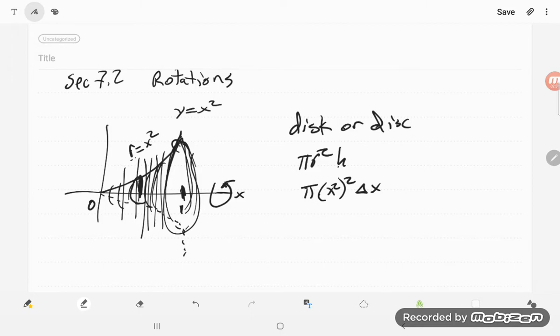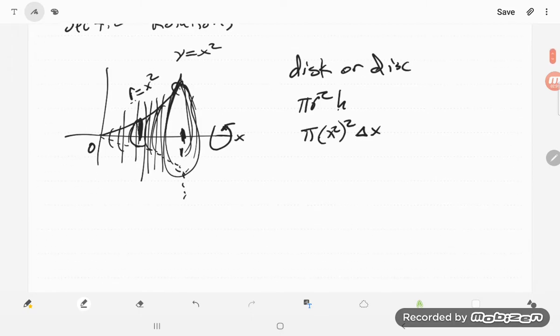In this case, if I'm rotating around the x-axis, I end up making slices perpendicular to the x-axis, so I'm sort of slicing up the x-axis as I go, and so we get our integral from 0 to 1 of pi x to the 4th dx.